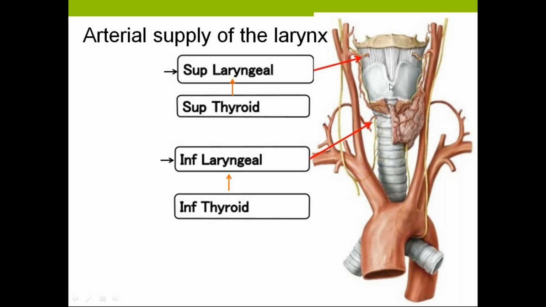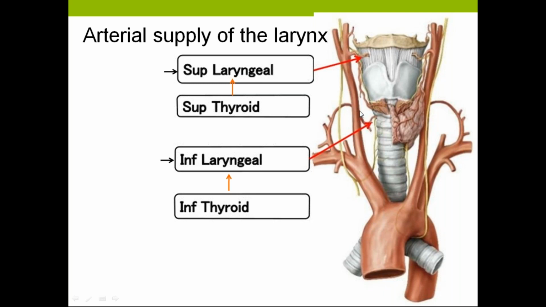Now you can see this artery is the common carotid artery. This is the external carotid, internal carotid. In the external carotid, you can see the first branch given here is the superior thyroid artery. And from the thyrocervical trunk of the first part of subclavian artery, it gives the inferior thyroid artery.